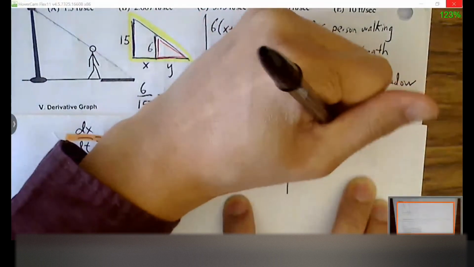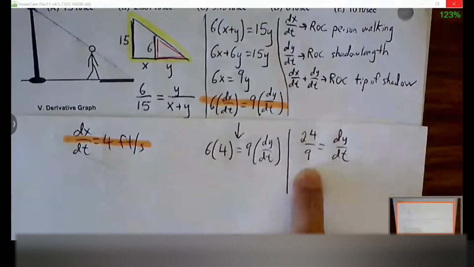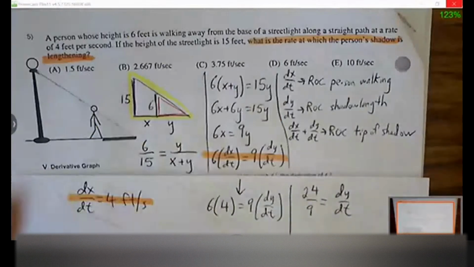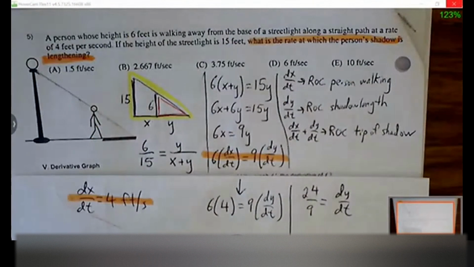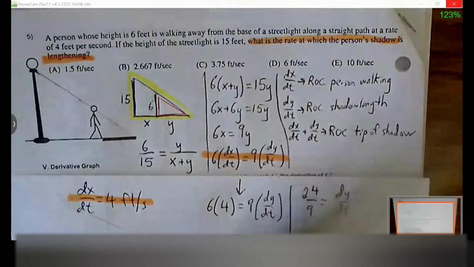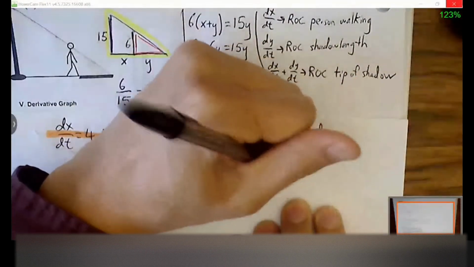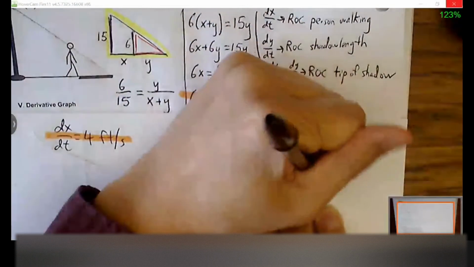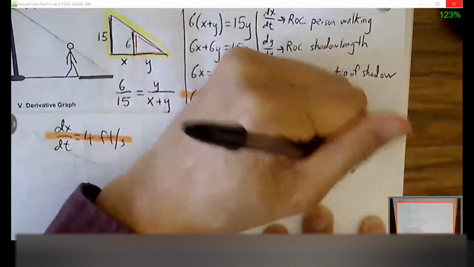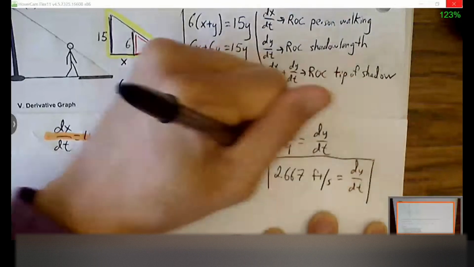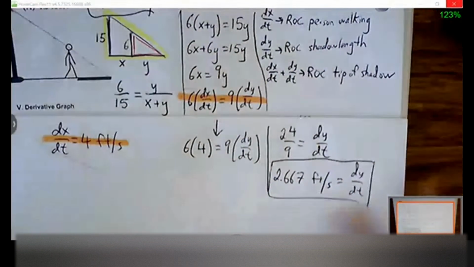We get 24 over 9. Use your calculator to reduce that to get it to match one of the decimal answer choices here. 2.667. Okay, that's our answer choice.